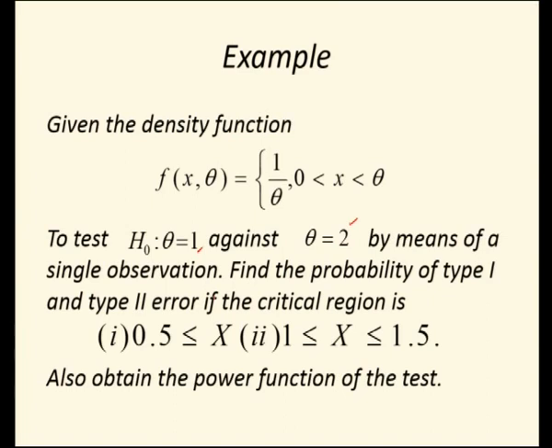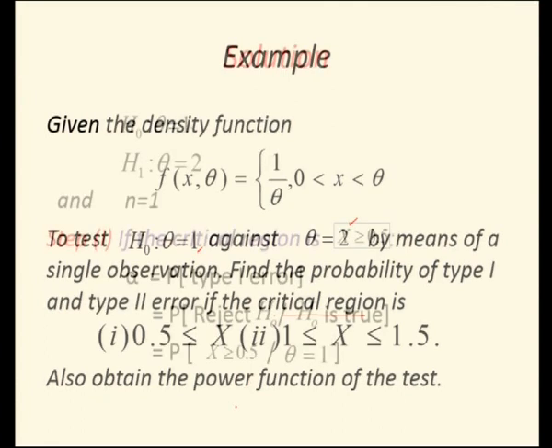You have to find the probability of type 1 error, that is alpha, and type 2 error, that is beta. You are given the critical regions: 0.5 is less than or equal to x, and the other critical region, 1 is less than or equal to x is less than or equal to 1.5. Also for this problem you have to obtain the power function of the test, namely 1 minus beta.